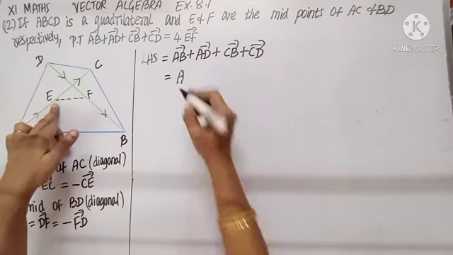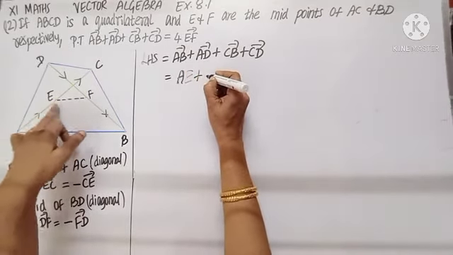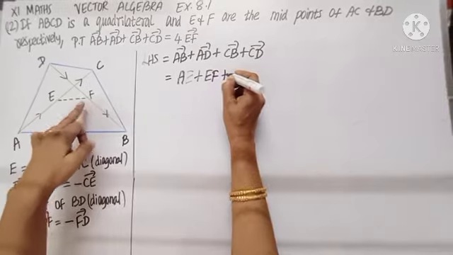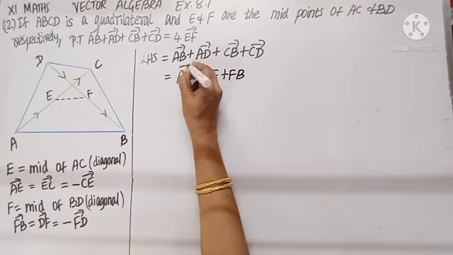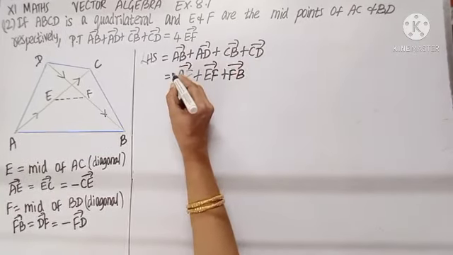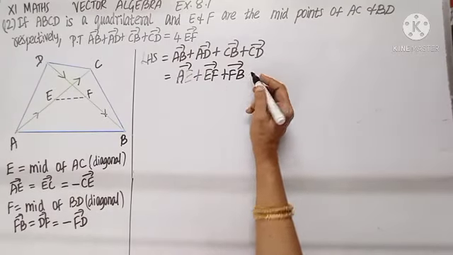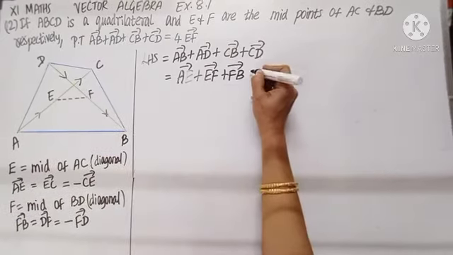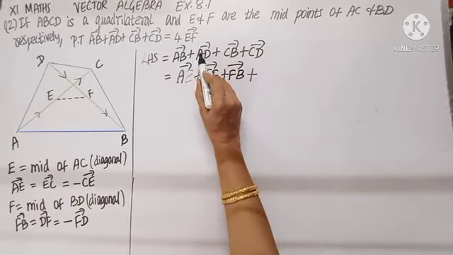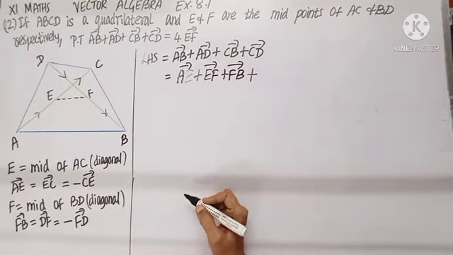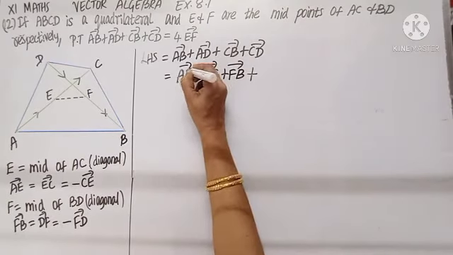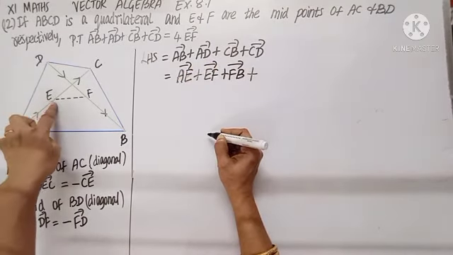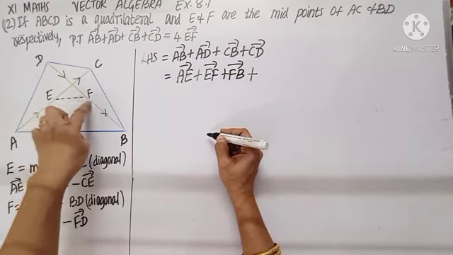A to E, E to F, and F to B. See, we started from A, ended with B. A to E, E to F, F to B. In the same way, let me write AD vector. How to write AD vector? It is AE, EF, FD.